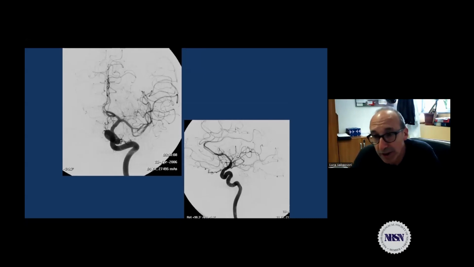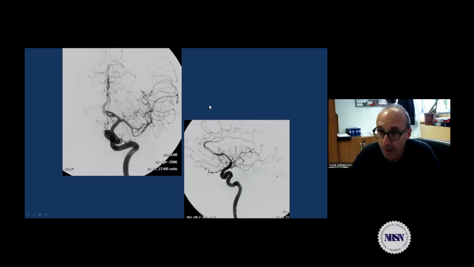So what we do, we study the contralateral internal carotid artery, and you can see here how the A1 segment of the contralateral anterior cerebral artery is modified. It's basically going up because of this sac, which is here.